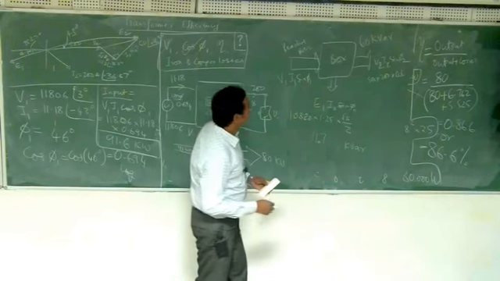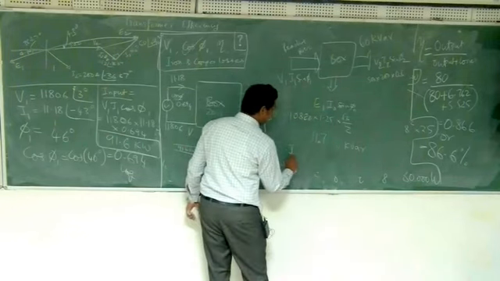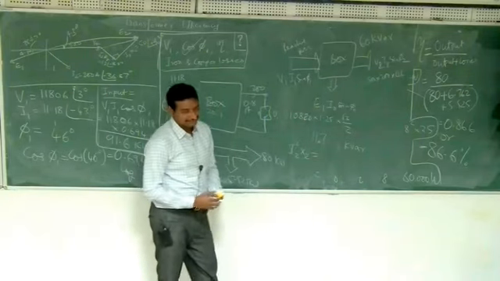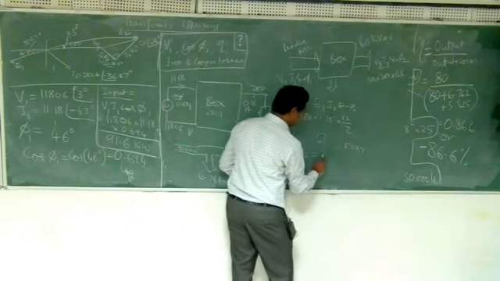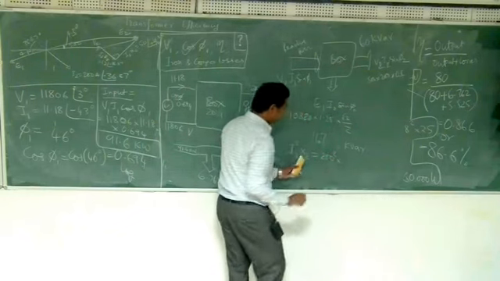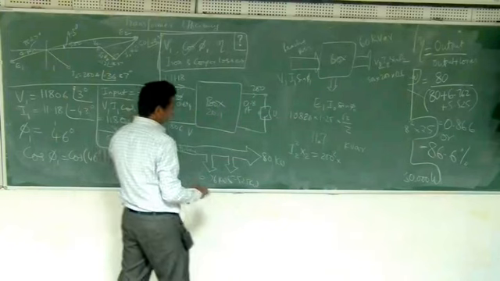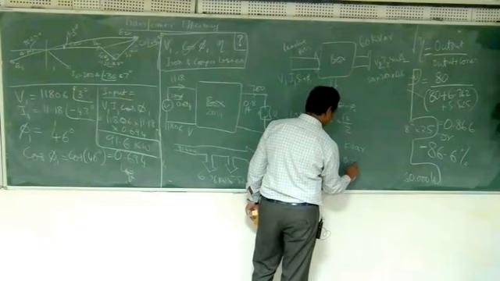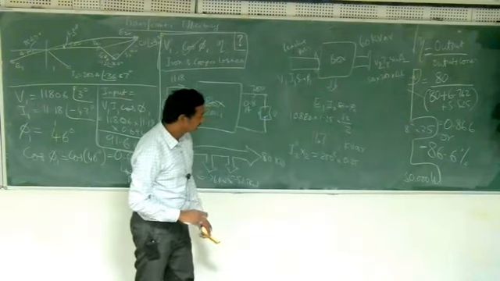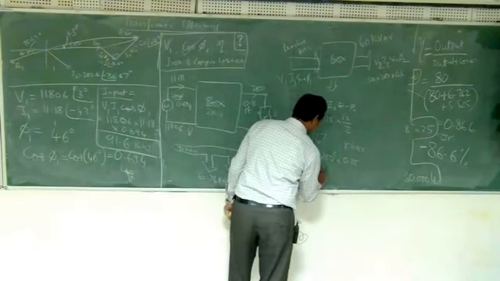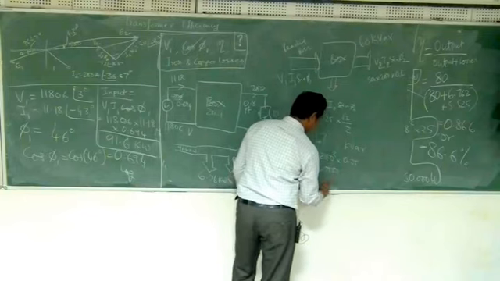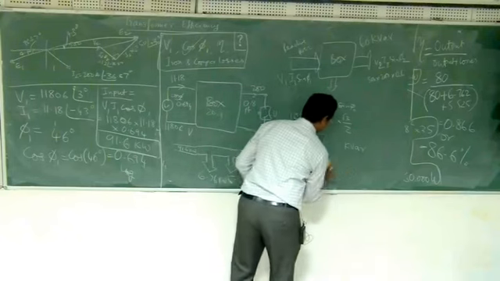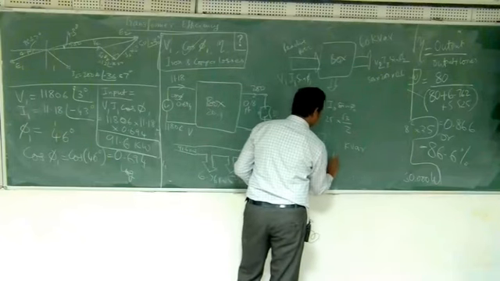I2 square x2: you know I2, 200 squared, and x2, if I remember correctly, is 25. 200 squared is 40,000 and 25% of 40,000 is 10,000. So I'll write it as 10 kVAR.